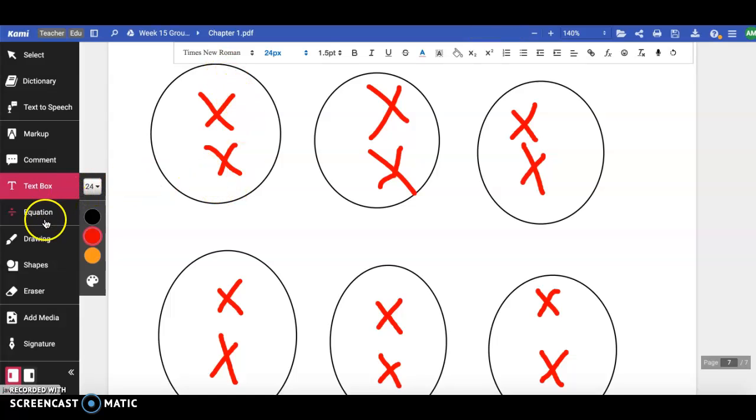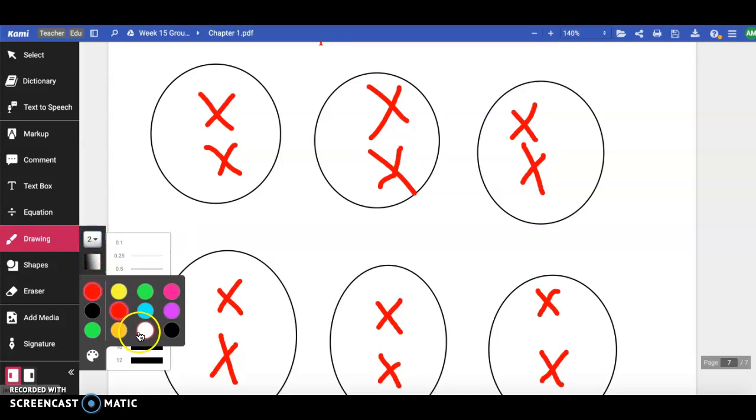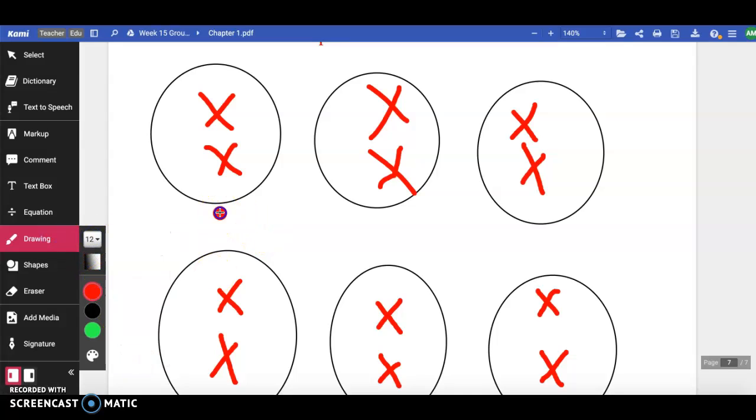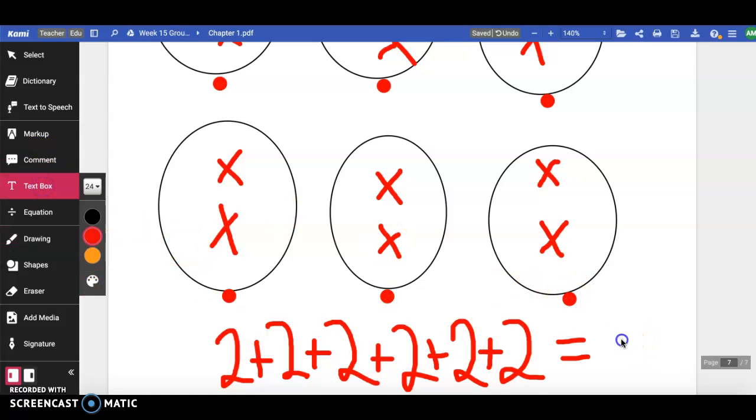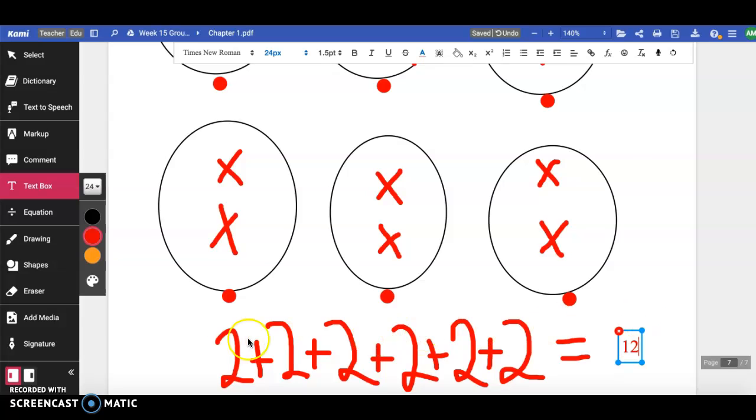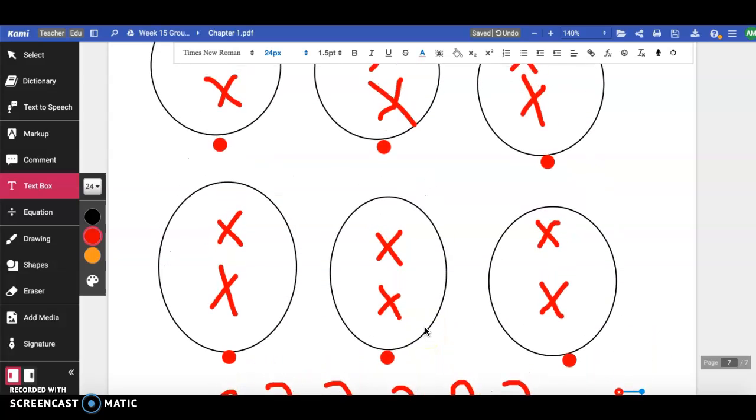You have 2, 4, 6, 8, 10, 12. So this gives you the answer of 12 because 2 plus 2 plus 2 plus 2 plus 2 plus 2 equals 12. So this is what repeated addition looks like.